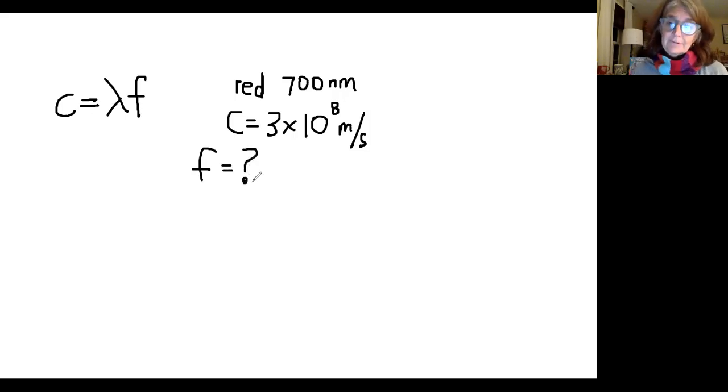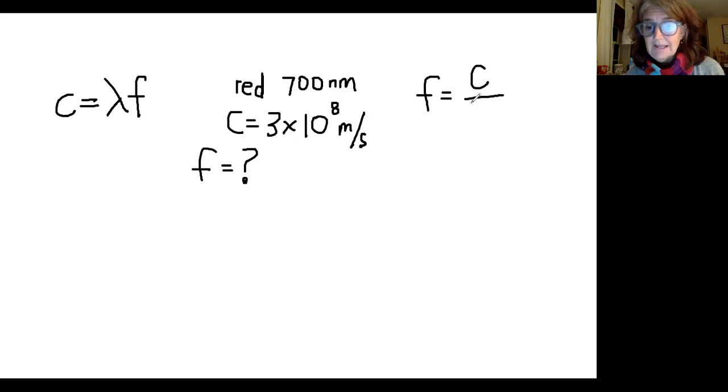Well, on the slide before, we calculated that frequency is equal to our speed of light, which is this value right here, divided by our wavelength. And we know our wavelength of red light is right here. Okay? So let's set up our equation and find the frequency of red light.